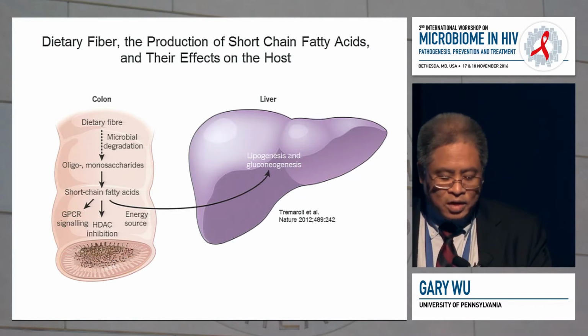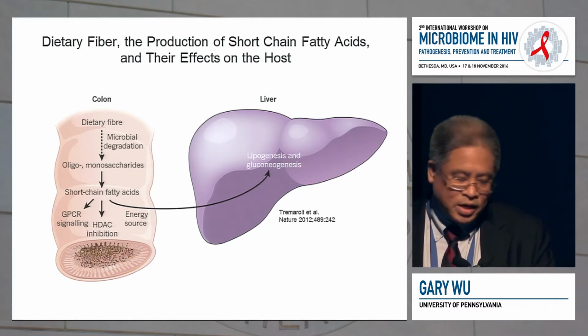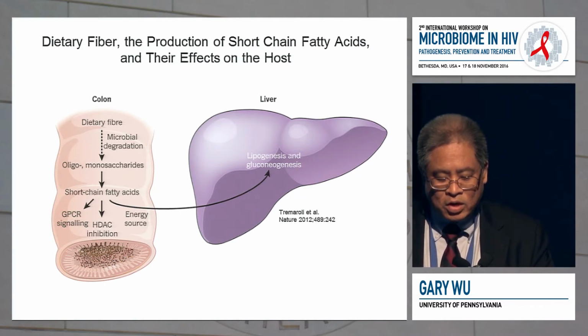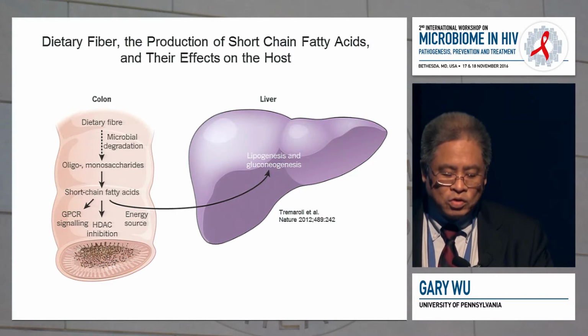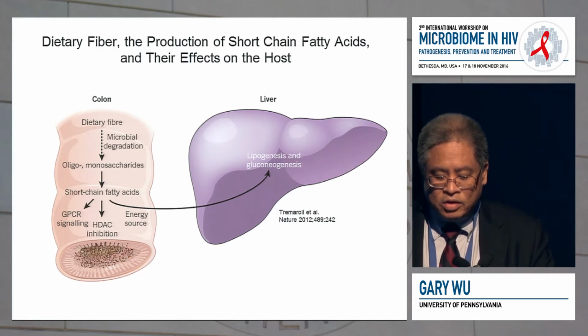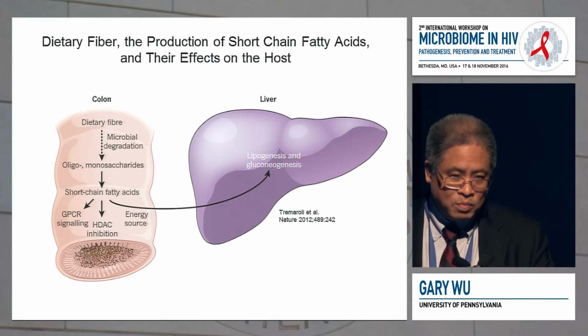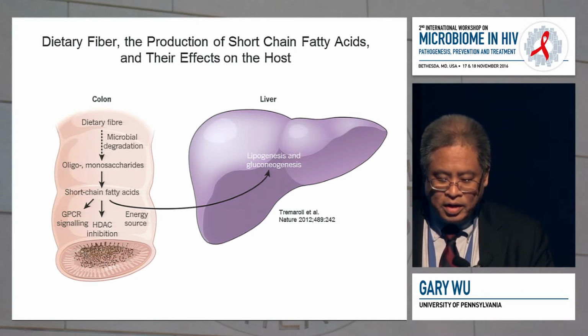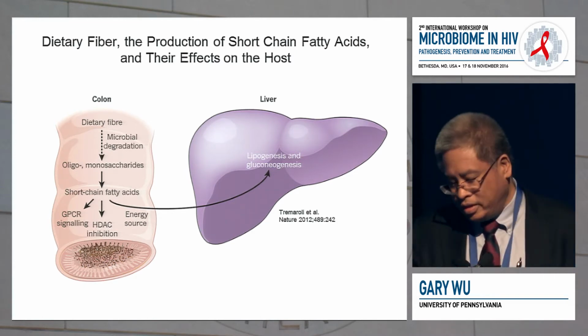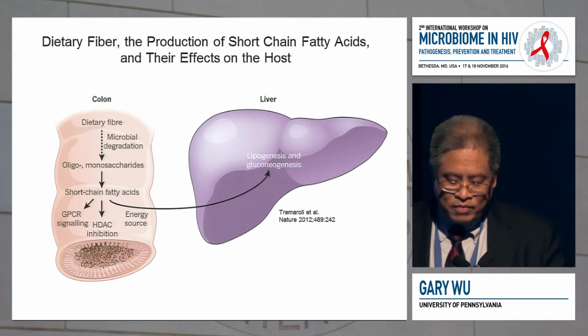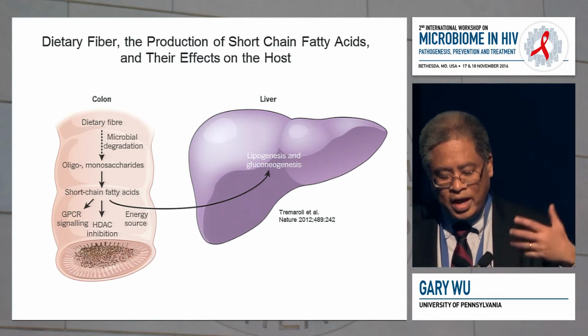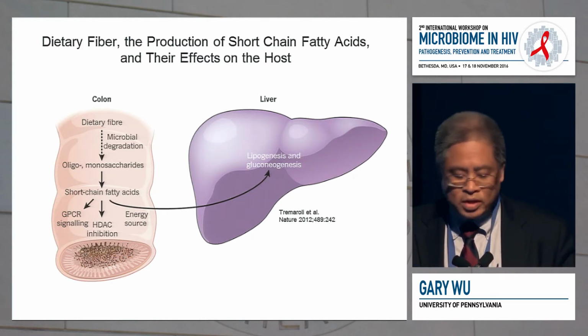So I mentioned this on the previous slide. One of the most salient features of the gut microbiota is that it's deeply fermentative. It digests complex carbohydrates into short-chain fatty acids that are used as an energy source and lead to lipogenesis in the liver, and that might be important for NAFLD. But these short-chain fatty acids also have epigenetic effects, and they also activate G protein-coupled receptors.